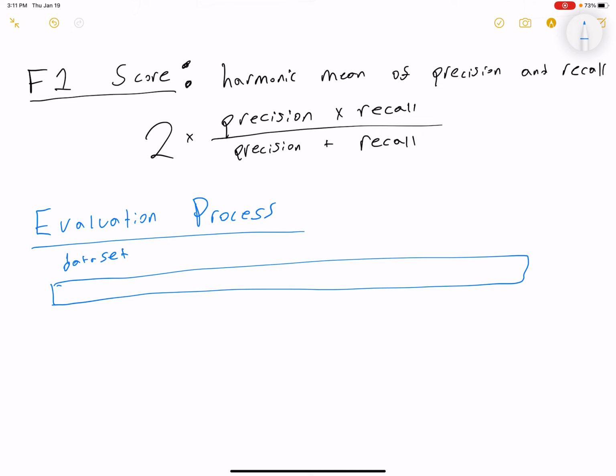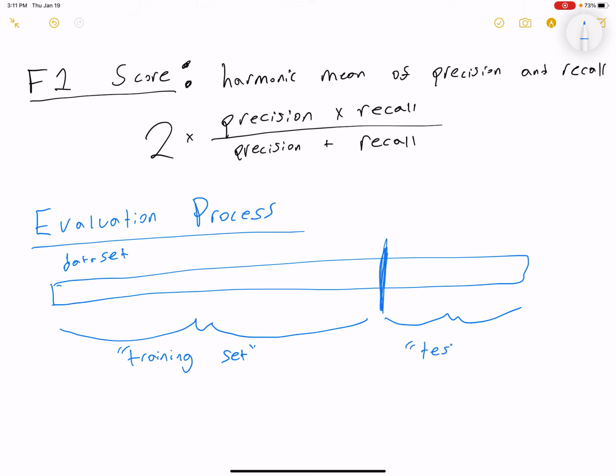And often what you do is split the data set into sections where you use a portion of the data to train the model, the training set, and a portion of the data to test the model. You don't use it to train the model, and that's the test set.